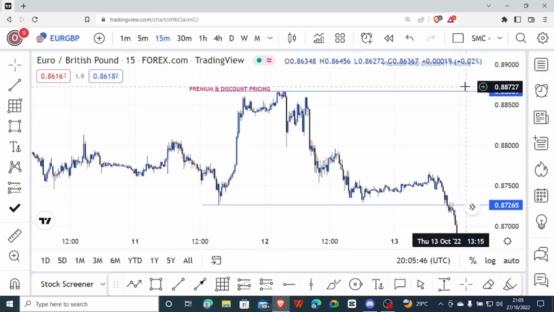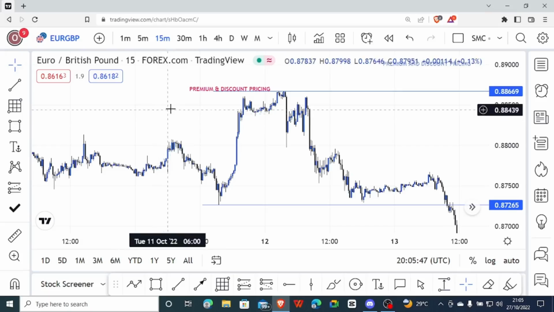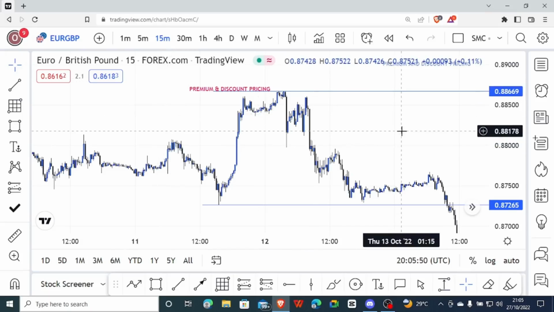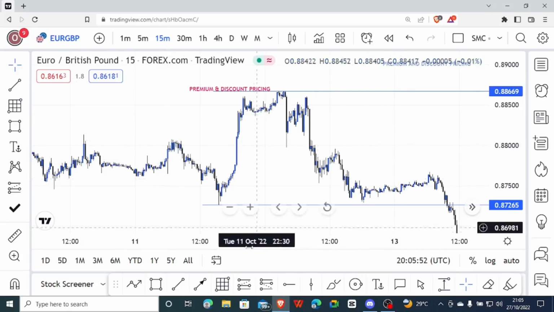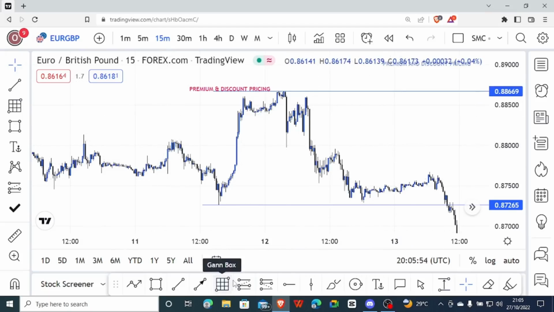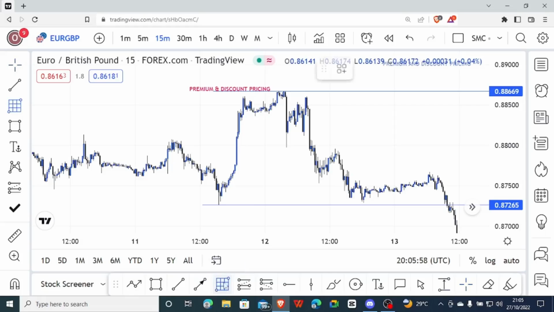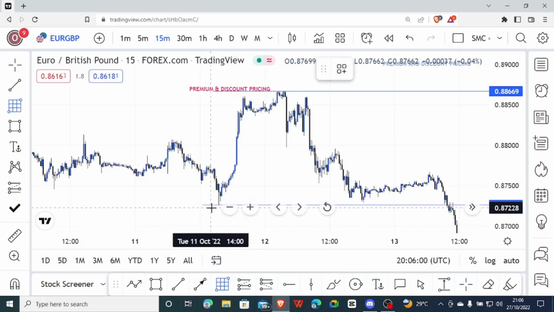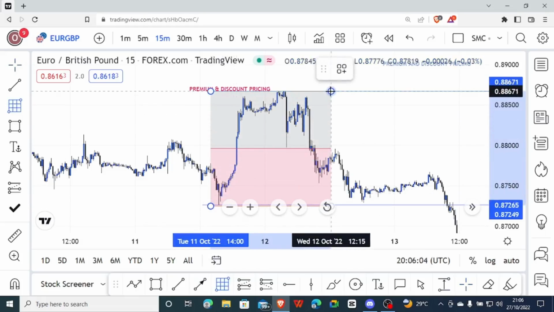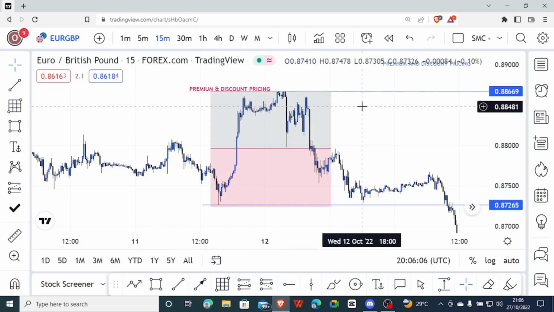Can you see that? Your high, your low, and your break of structure is there. All right, use your fib tool to mark it out, from the low to the high. Now this is the beauty of trading from range to range.